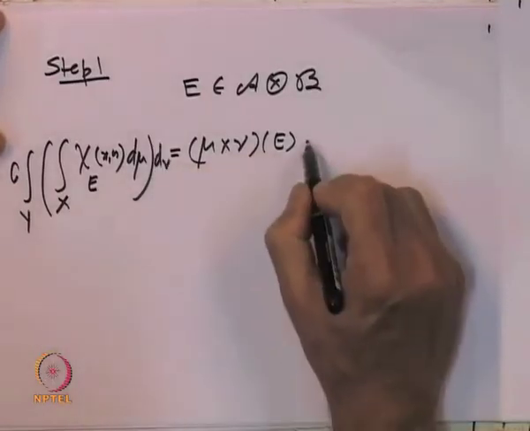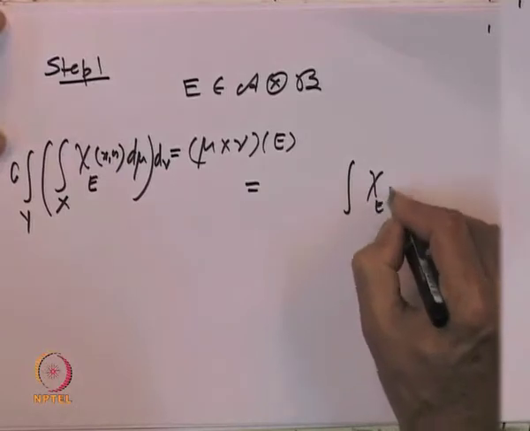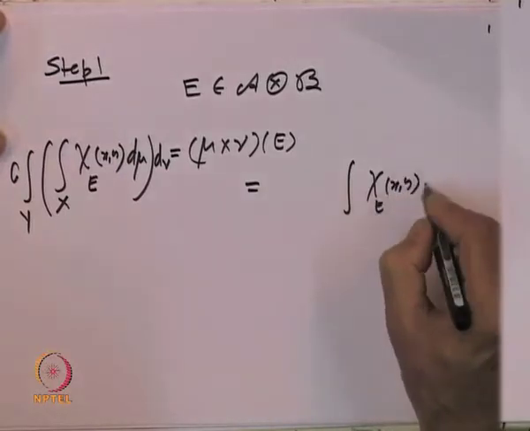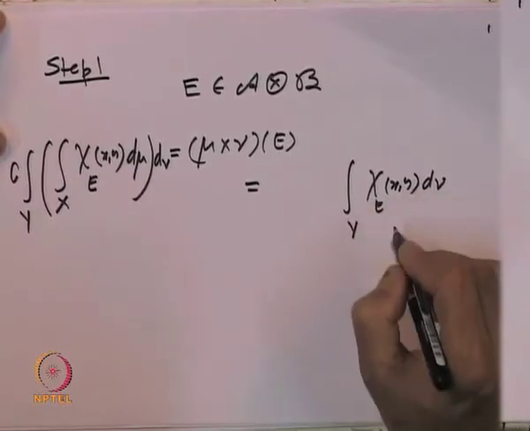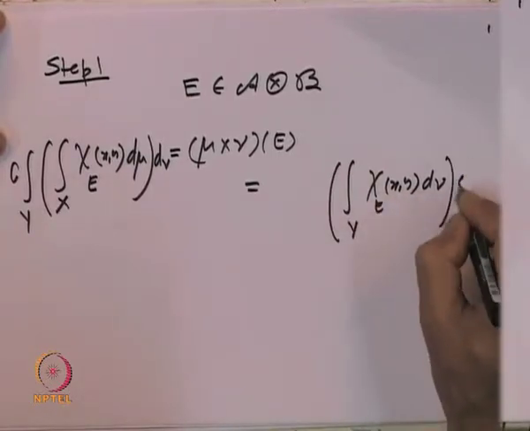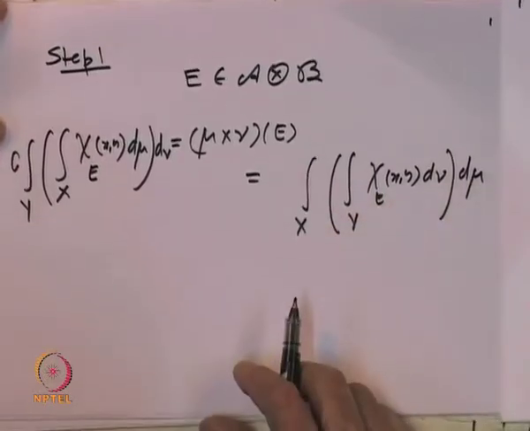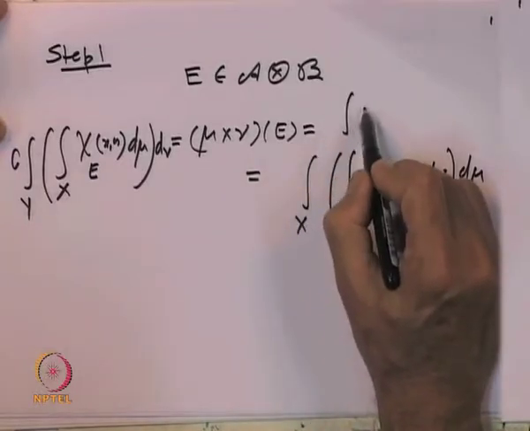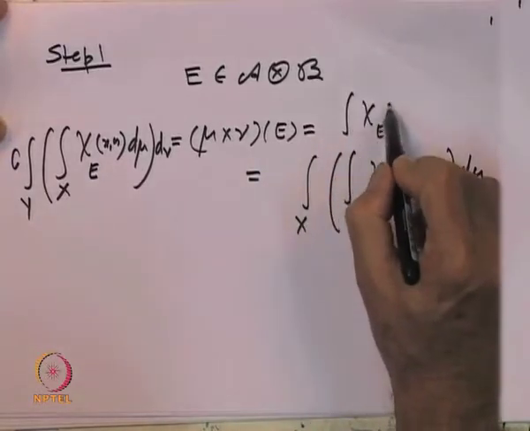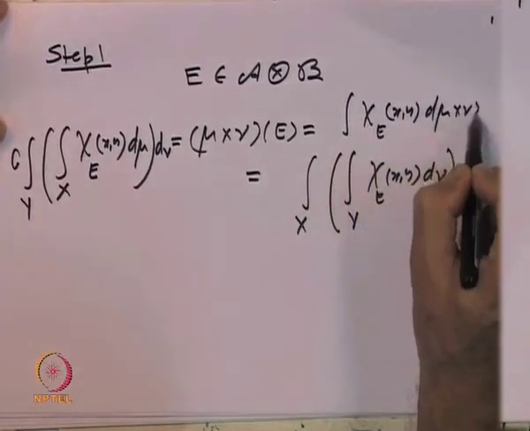So, d nu, and that is the same as you first integrate out the indicator function of x y with respect to d nu, that means keeping the variable x fixed, you are integrating with respect to y, and then compute the integral of that with respect to the variable x. So, these two are equal, and the middle thing, if you recall, we said it is equal to the integral of the indicator function of E with respect to the product sigma algebra.